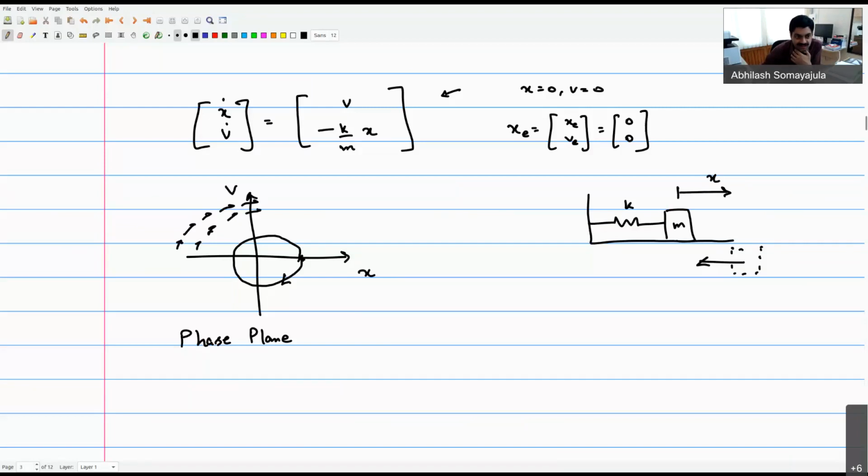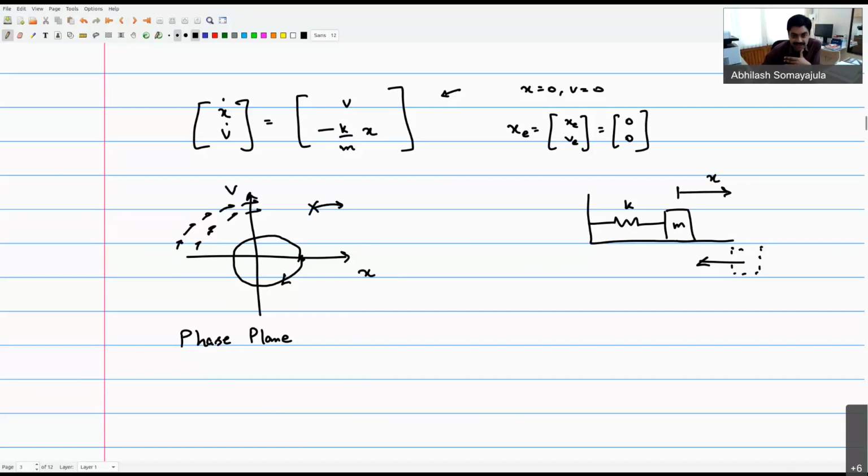What it means is that wherever V is positive, it's as simple as this. If V is positive, then x should increase. So therefore, most likely the arrow will point this way. It's unlikely the arrow will point behind, right? But it can, depending on how I define my states.